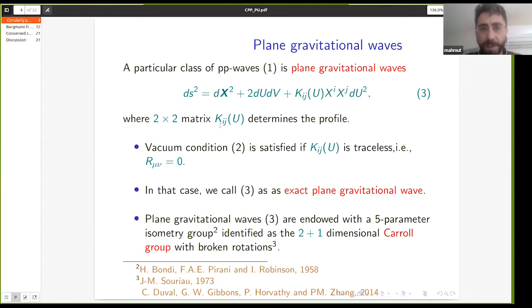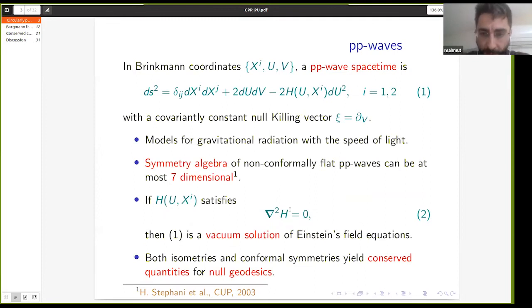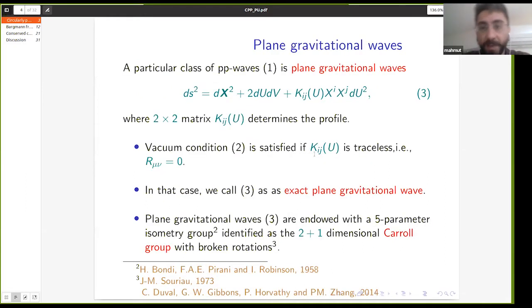Now, as you see, this 2x2 K matrix determines the physical properties of these plane gravitational waves. And the vacuum condition, which is written in terms of the Laplace equation for h, becomes a trace condition for K. If K is traceless, then the Ricci tensor is vanishing, and it is a vacuum solution of Einstein's equations, right?